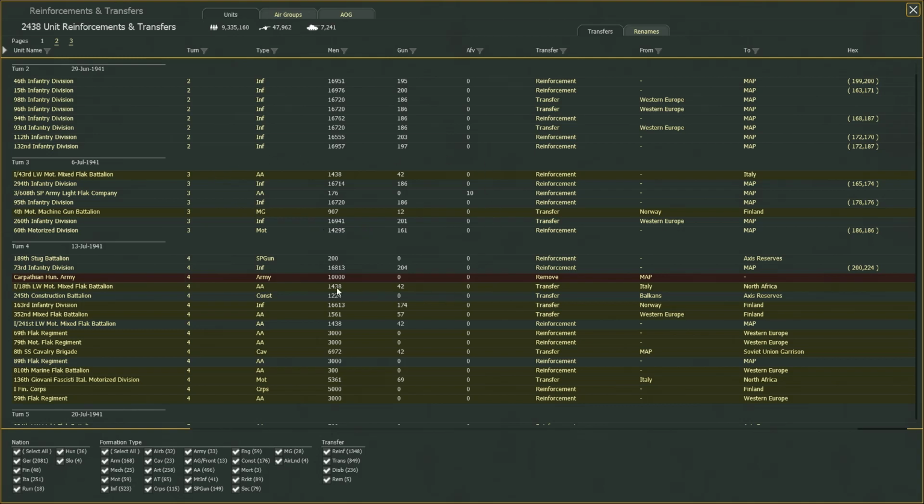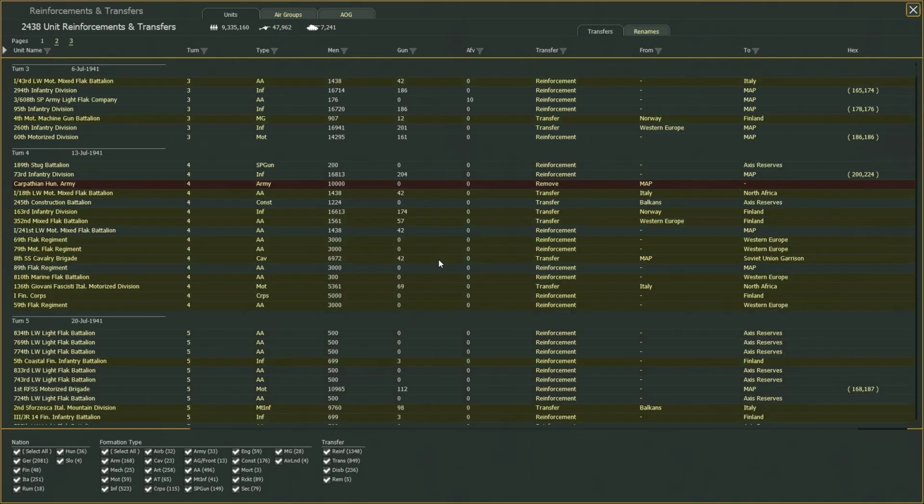And here you have all of the possible options to visualize every turn what comes to the map, what comes to the reserve theater box, and what goes away from the map, or what gets removed and disbanded.